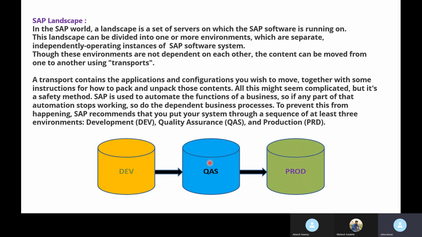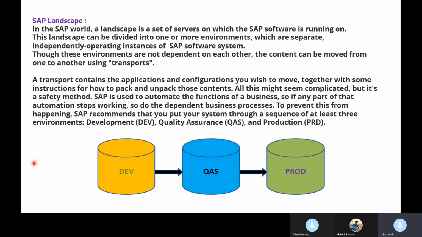When we move from quality to production, it is called go live. The data is available for usage by end users. So: development server, quality server, production server.